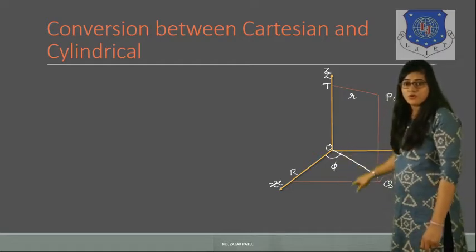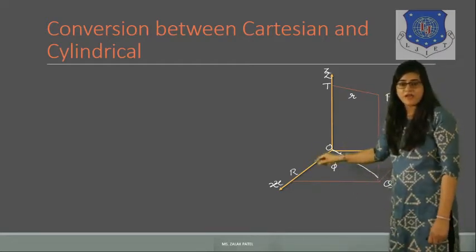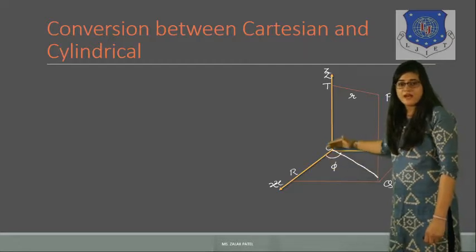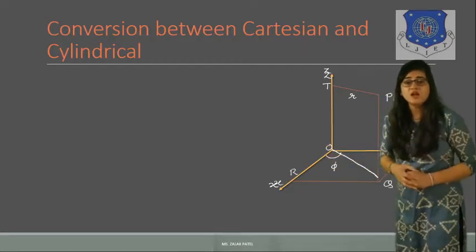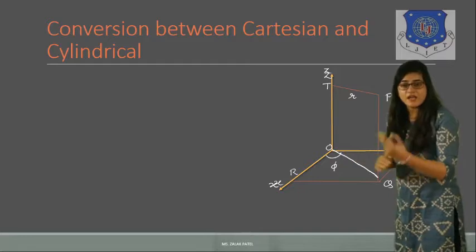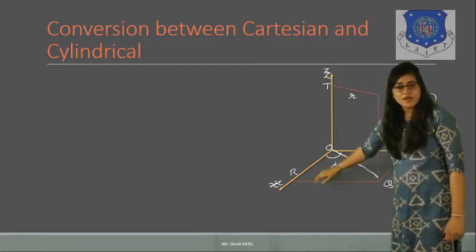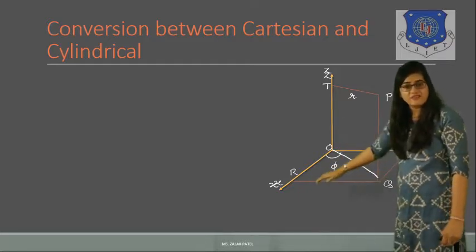Now, if OQ is r and this angle is phi, then the adjacent side OR will be OQ cos phi, and in the same way RQ will be OQ sin phi.